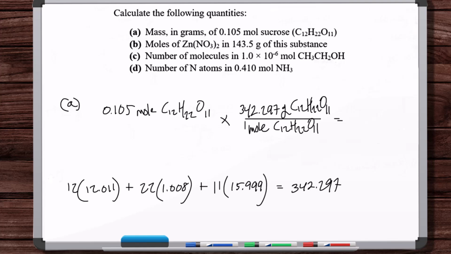So 0.105 moles of sucrose corresponds to 35.9 grams of sucrose.